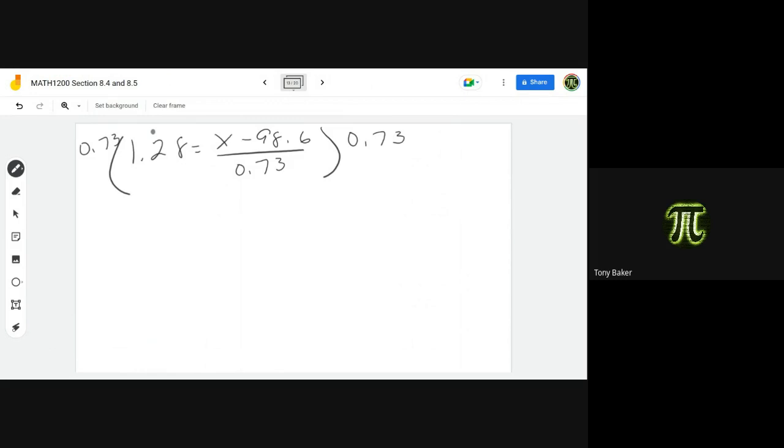So multiply by 0.73. So 0.9344 equals, now those cancel out, so x minus 98.6. So I got to get rid of that by multiplying both sides by the 0.73.